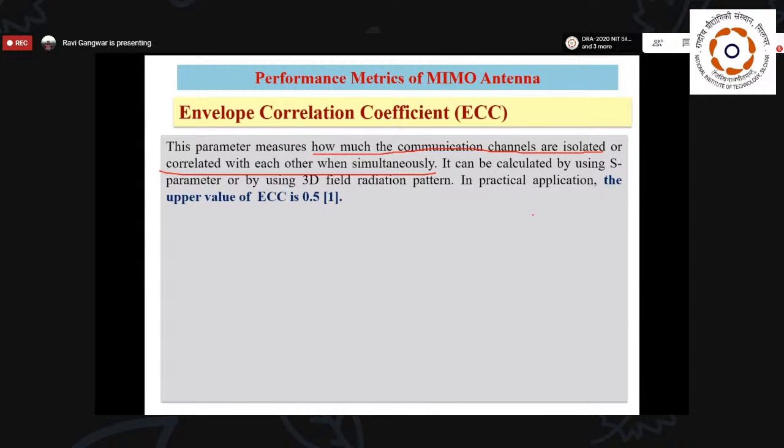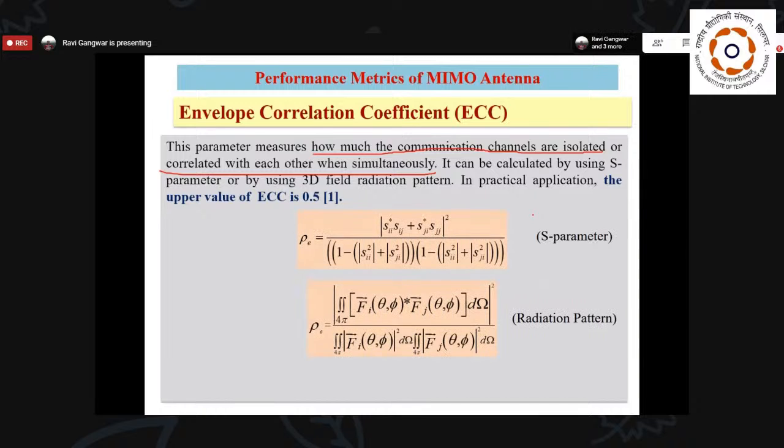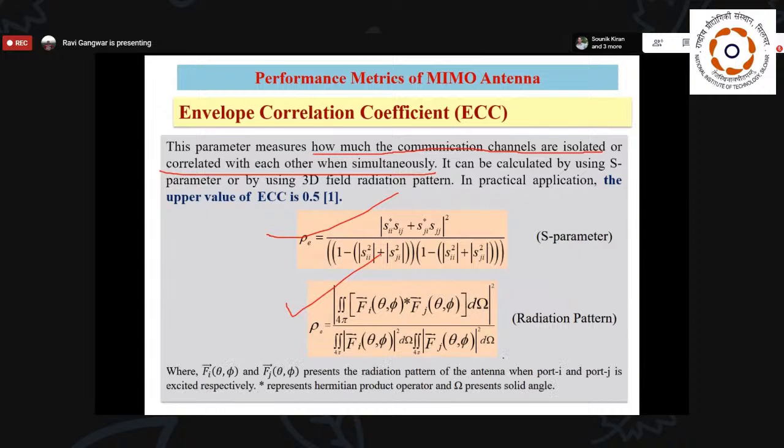And when we use the 3D radiation pattern formula for calculation of the ECC, we are targeting the field correlation, that is the far field pattern. Both formulas are shown here. The first is based on the S parameter, and the second one is based on the radiation pattern. Both formulas are utilized to define the correlation coefficient or envelope correlation coefficient.